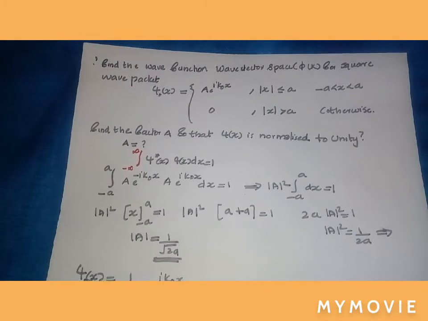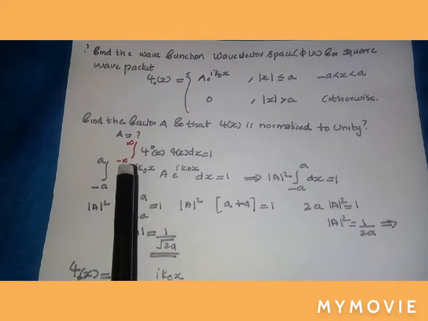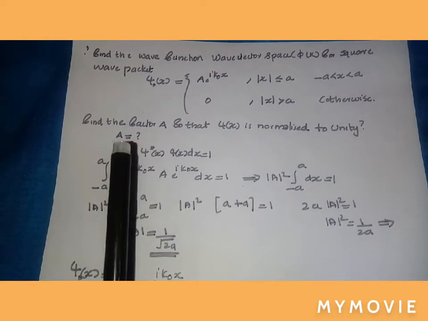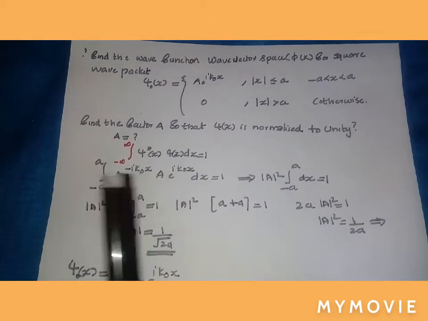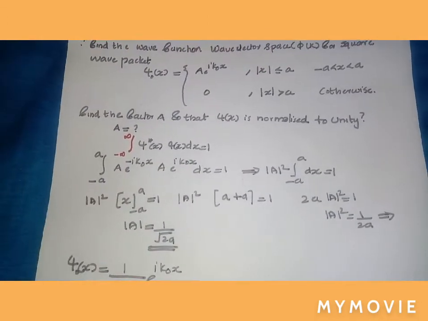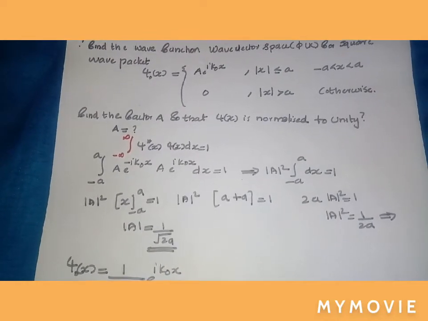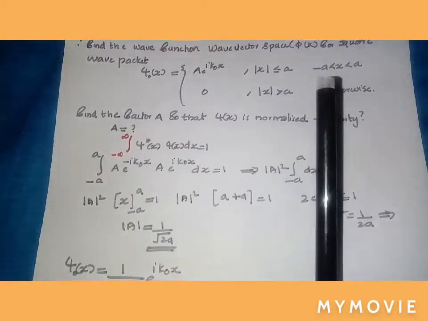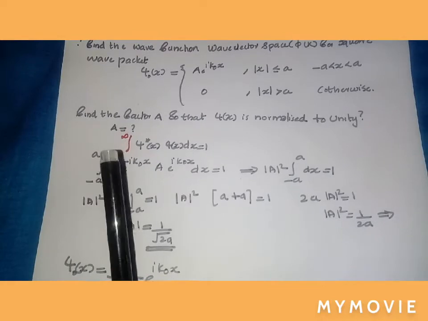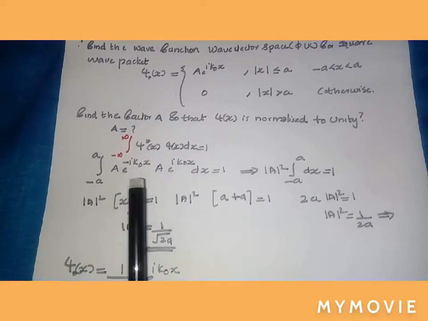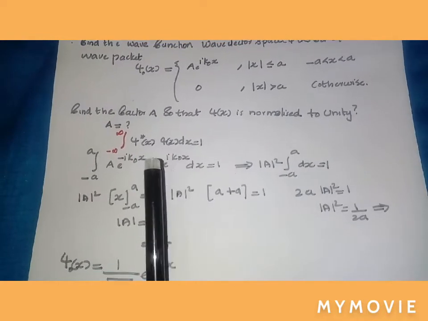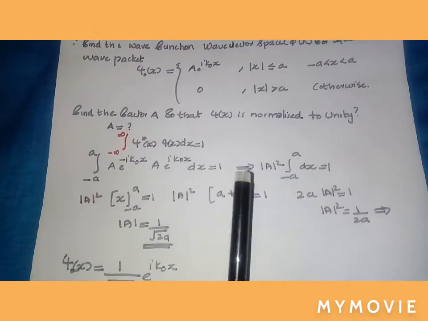So a is found by the normalization condition, that is integral from minus infinity to plus infinity psi star of x psi of x dx is equal to 1. Here we know that the function is only defined from minus a to plus a. So integral minus a to a of a e raised to minus i k naught x, that is psi star of x, and a e raised to i k naught x dx is equal to 1.